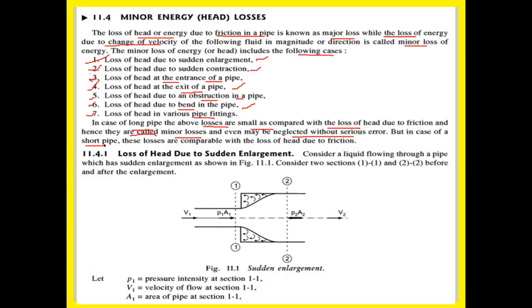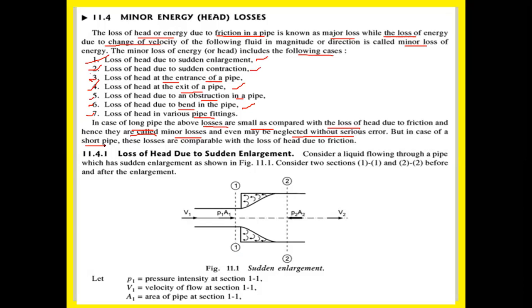But only in case of shorter pipes, these losses are comparable with the loss of head due to friction. So when the fluid is traveling from one end to the other over a short pipe distance and these problems occur, automatically we have to take serious action.